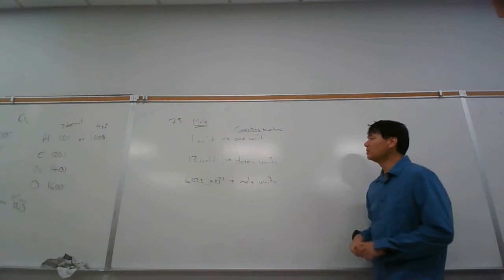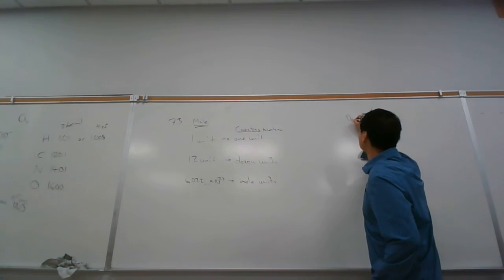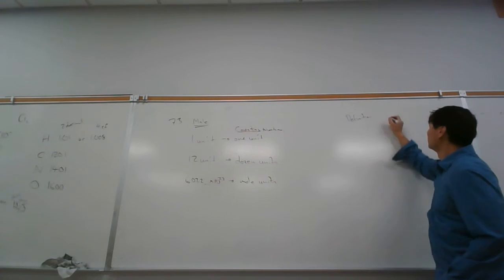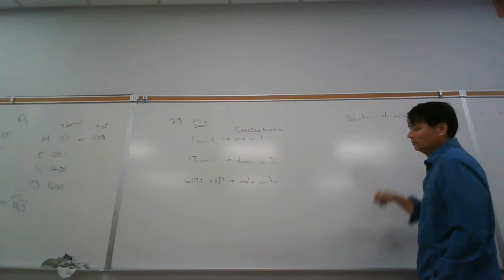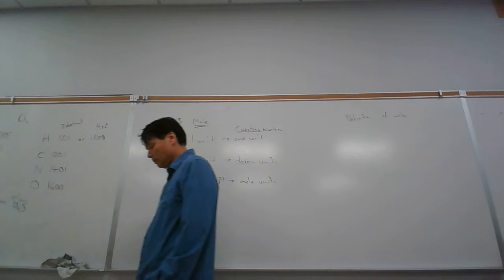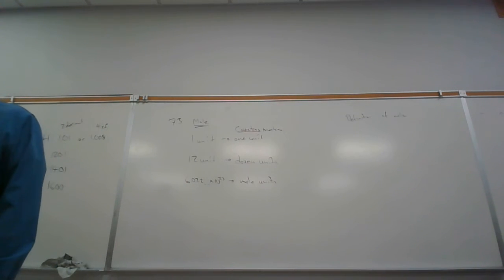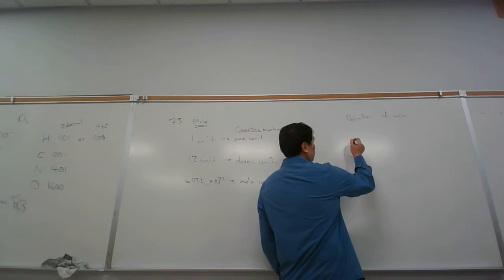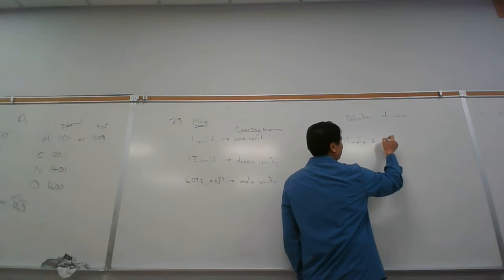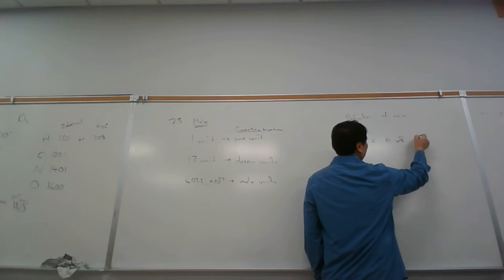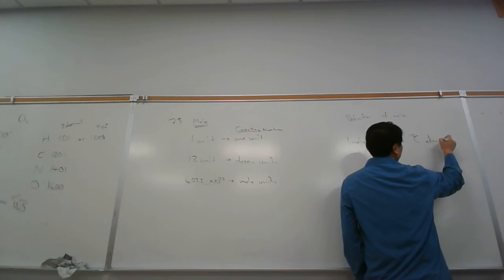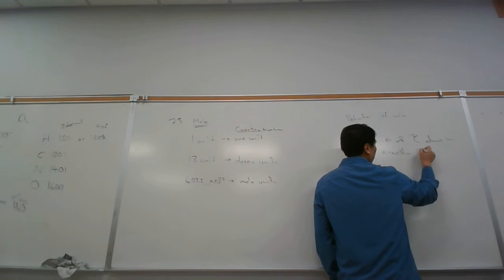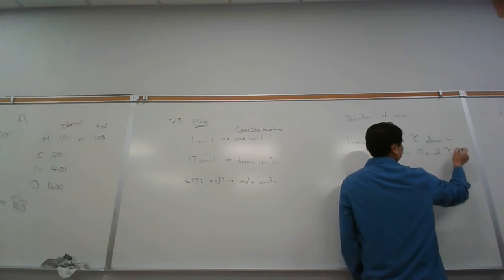And so we need to know the definition of the mole. And that's going to tell us where it comes from. And we already know the definition of the U. And so the origin of the number is really weird. 1 mole is defined as the number of carbon-12 atoms in exactly 12 grams of carbon-12.